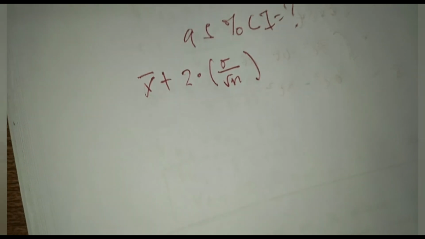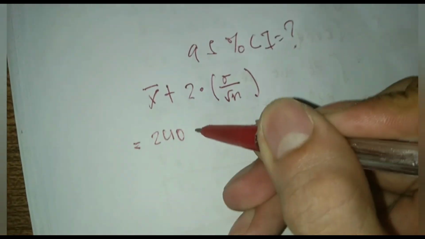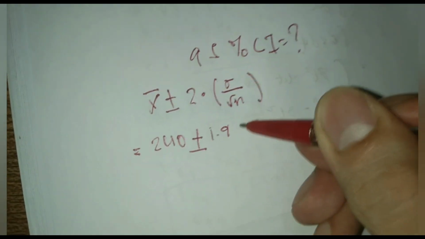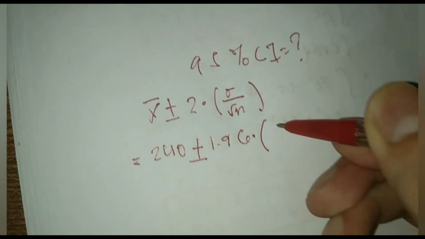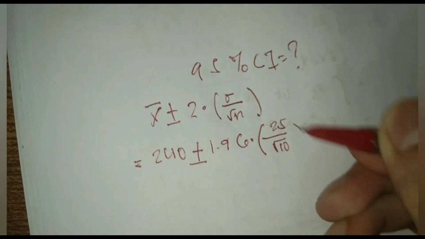To put this into a solution, it equals 240 plus or minus 1.96 multiplied by 25 over the square root of 10.